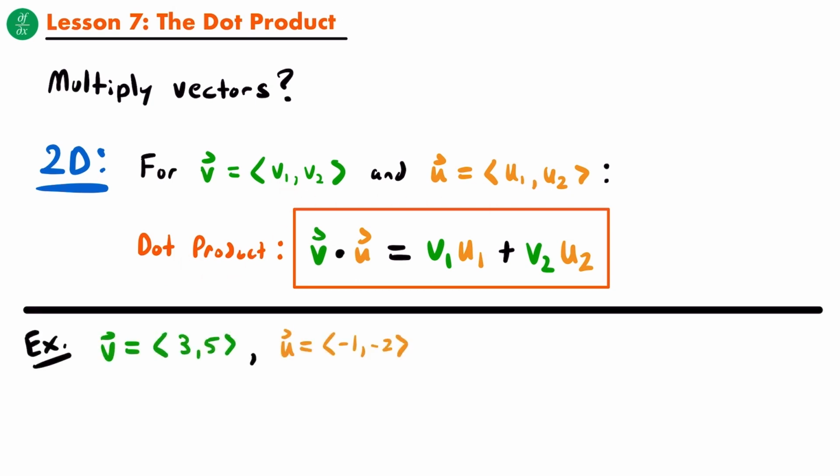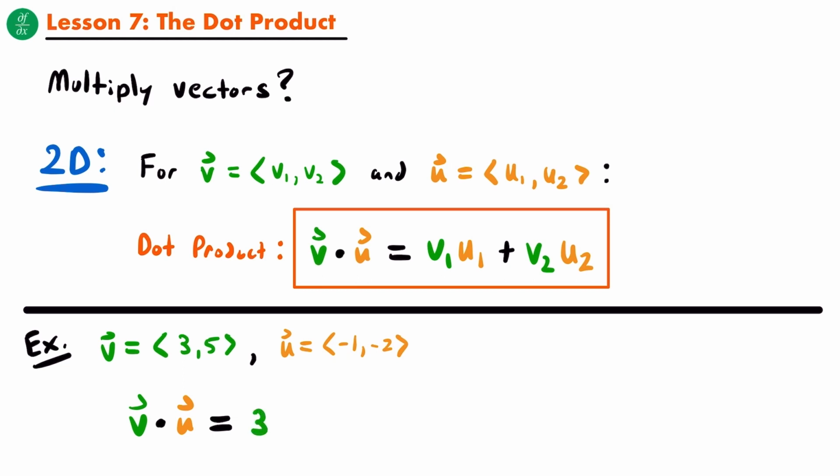For this example, we have vector v and vector u, where vector v is the position vector of the point (3, 5), and vector u is the position vector of the point (-1, -2). So if we want to find a dot product, we'll write it like this. We'll have vector v multiplied by vector u. That dot represents the multiplication of these two vectors via the dot product, and that will be equal to the x components multiplied together.